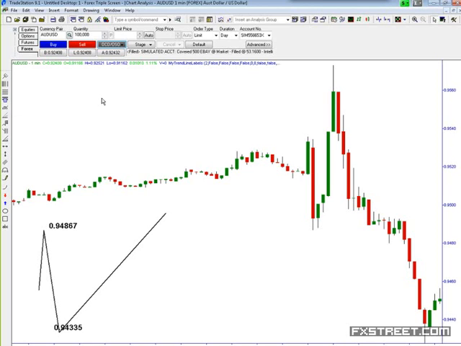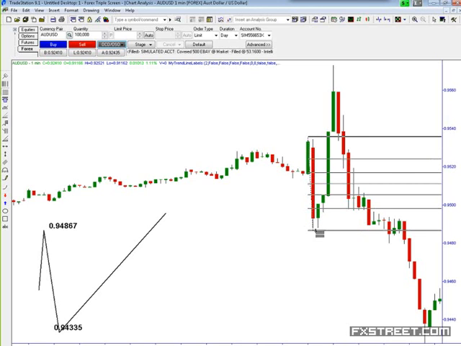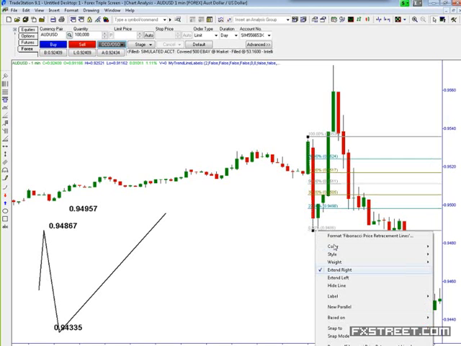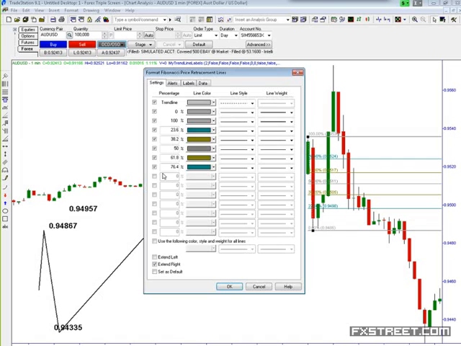But I would look to enter after that knee-jerk reaction reverses and corrects, either by using a Fibonacci retracement. We can see the knee-jerk reaction down. And what I'm going to do is format this to give me my extensions beyond.